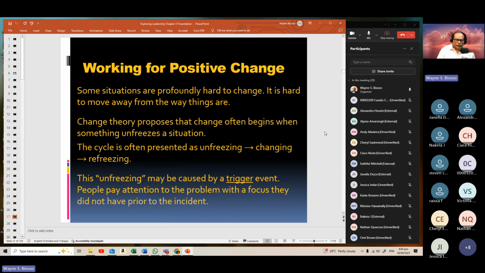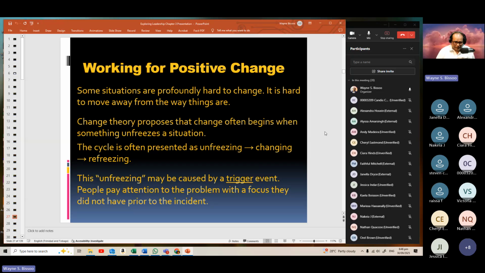And change causes a lot of problems in organizations because as human beings, we prefer a sort of stability in life. We get accustomed to certain patterns of doing things, a certain way of doing things. And as a result of that, when we are faced with change, oftentimes we resist, especially if we view the change as something that is negative.